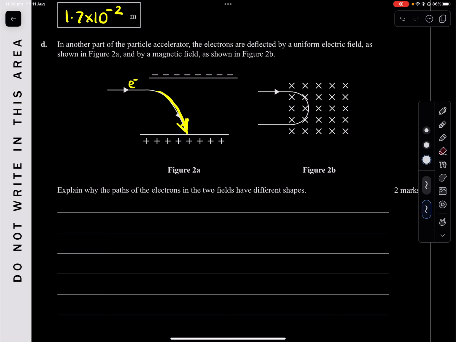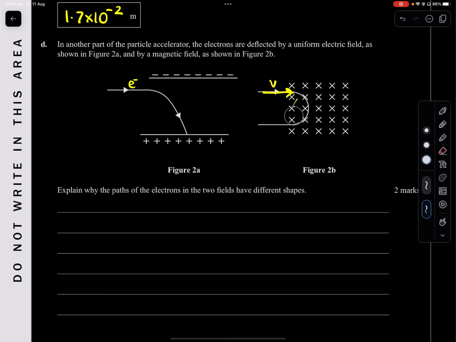Whereas here, imagine the electron is going at a certain velocity. You should know by the right-hand slap rule that velocity and the magnetic field give a perpendicular magnetic force, which will act inwards.